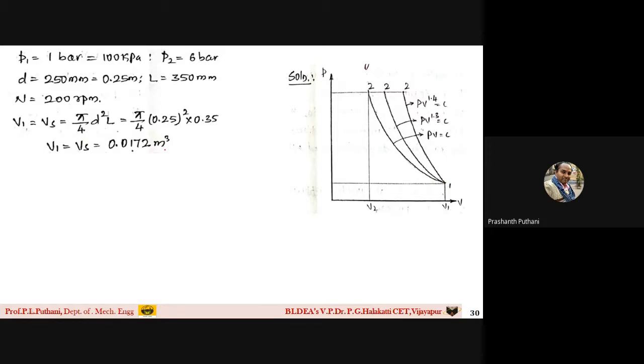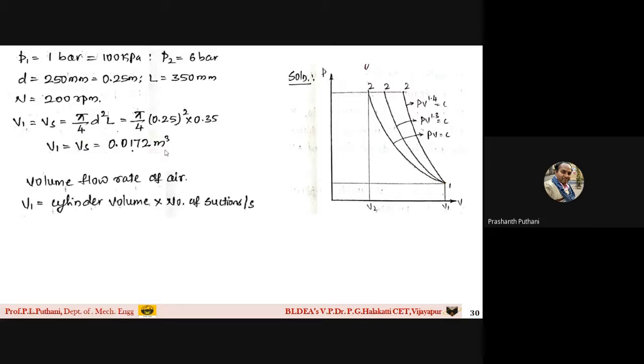Then volume flow rate of air V1 is equal to cylinder volume into number of suctions happening per second. So number of suctions is nothing but it is with respect to the speed itself, students.